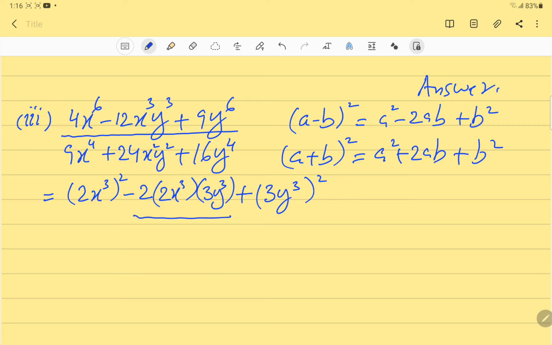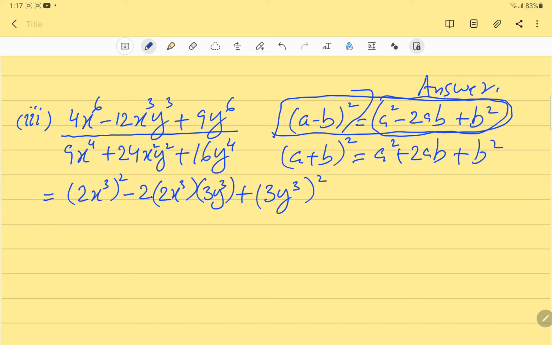If you multiply these, you get 12x cubed y cubed. So when you have this form, you can write it like this: (2x cube minus 3y cube) whole squared.